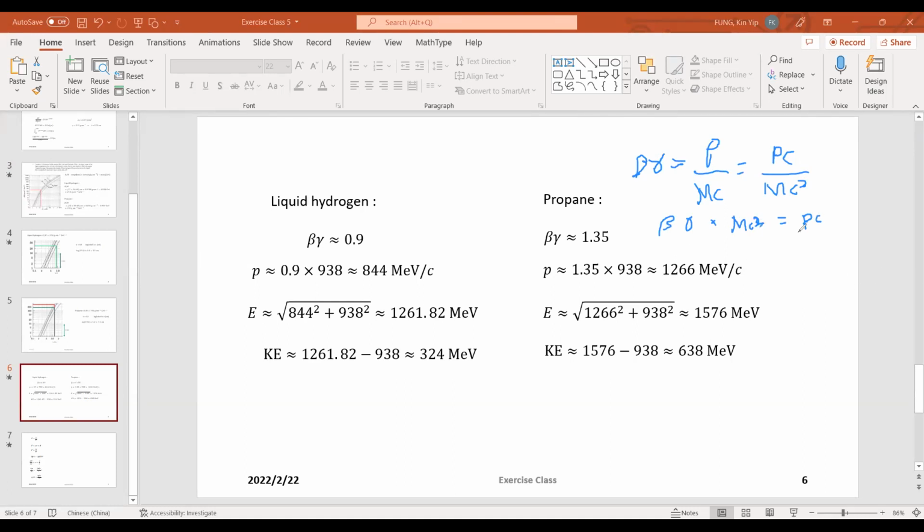So we can just obtain the momentum by multiplying beta gamma and the mass. And the reason to multiply C is just so that we can use the MeV unit.